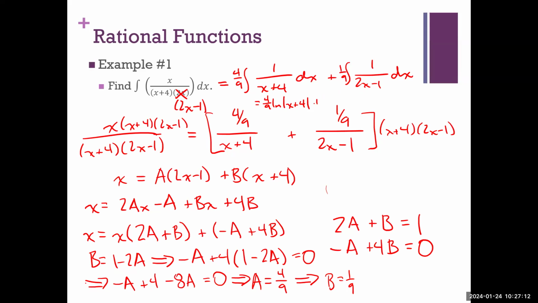So it's going to be plus 1/2 times 1/9 times the natural log of 2x minus 1 plus c. I didn't budget my space well enough, but hopefully you can see that. So we're at the end of our first one. What questions do you have? Go ahead.